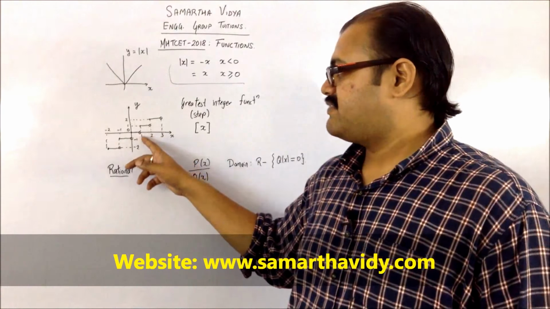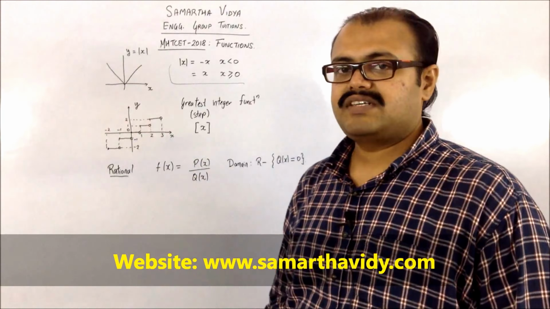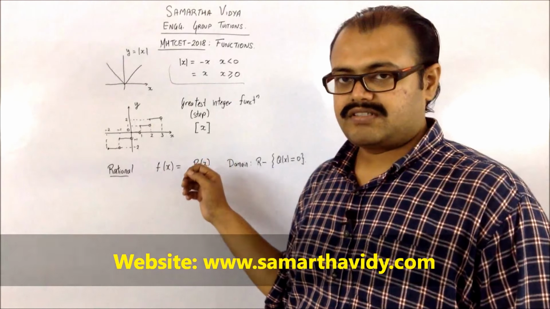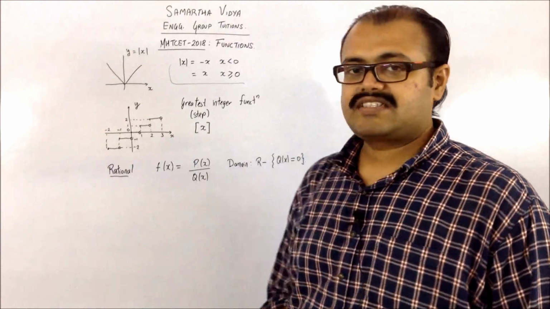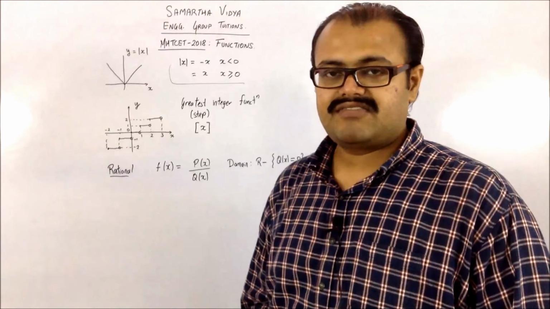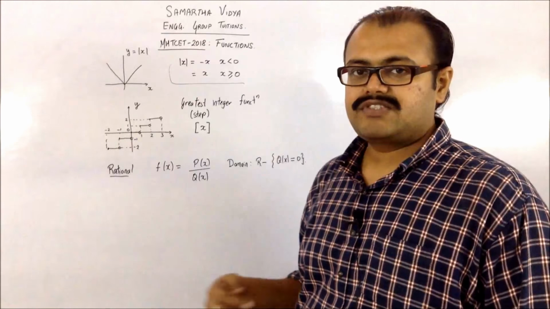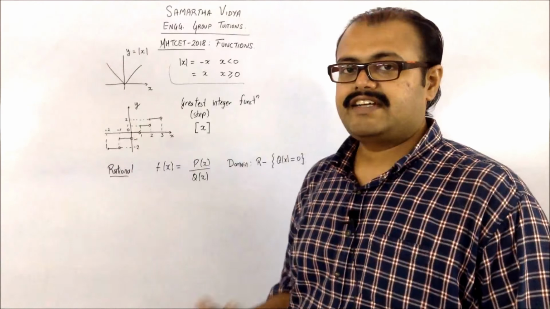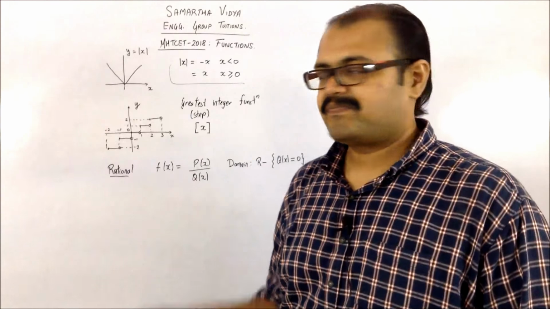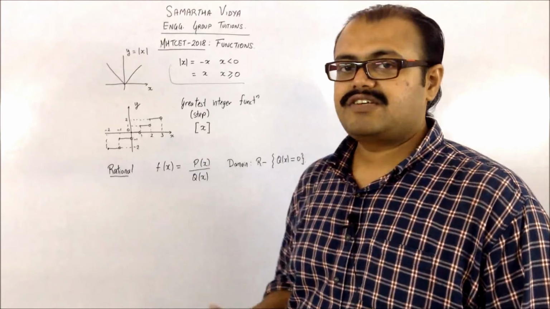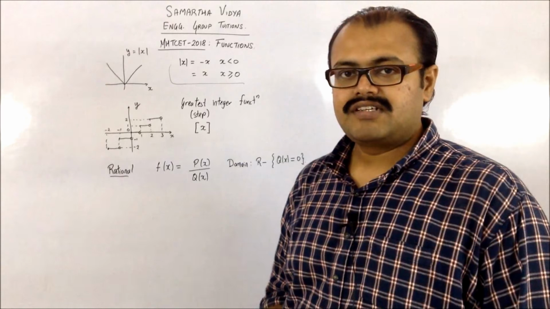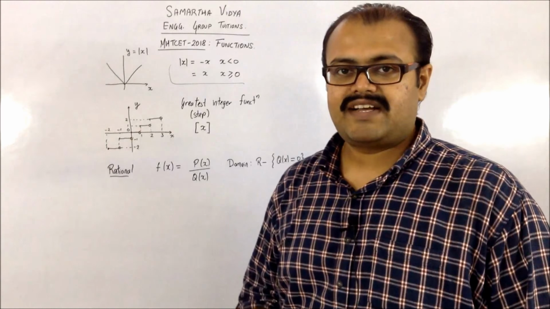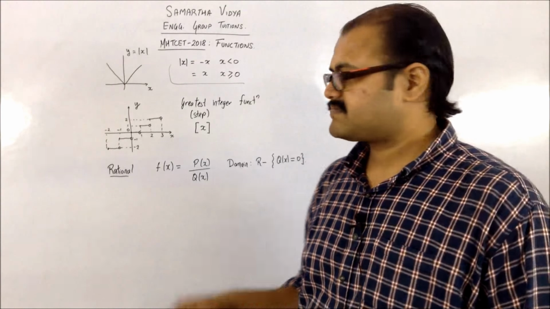For values between 1 and 2, it takes the value 1, and so on. That is why it is called the step function. There is also a ceiling function which gives you the highest value. If you have the range 0 to 1, it gives you the value 1. For 1 to 2, it gives the value 2. So it gives you the upper value in that particular range.